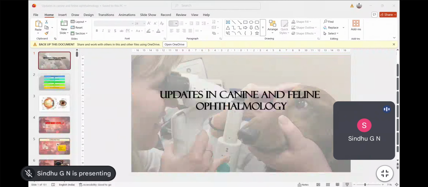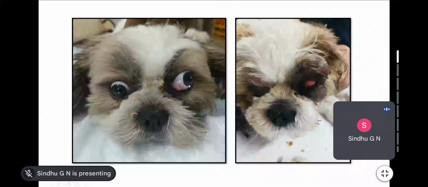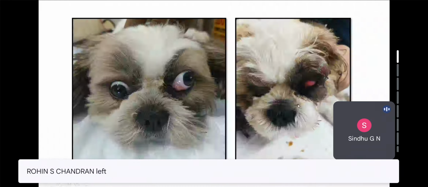It all started with the eye, and the veterinarian suspected proptosis, which is very common in the Shih Tzu breed. So immediately he did a temporary tarsorrhaphy, but within days the eye started swelling, and it became like this. And when they presented to us, it was in this stage.